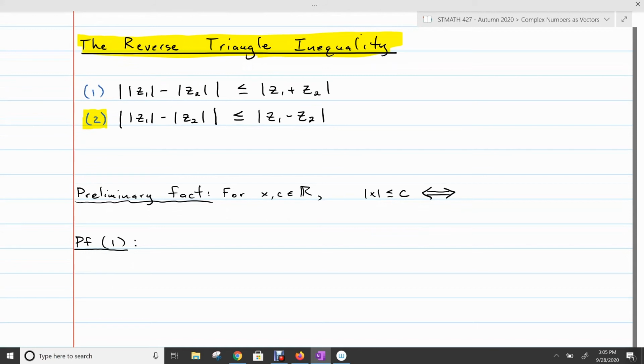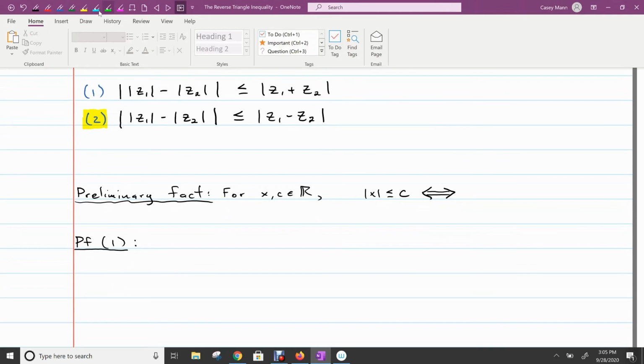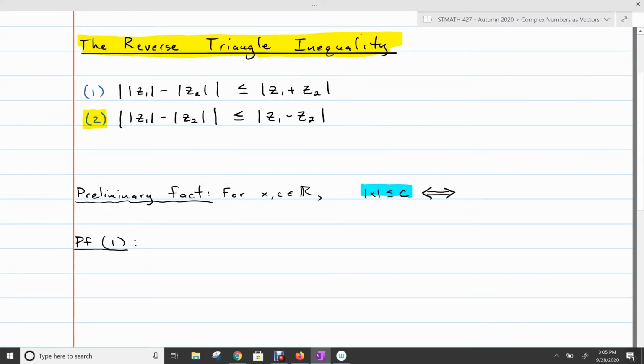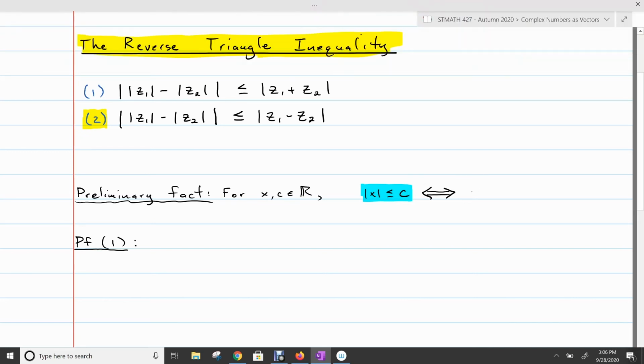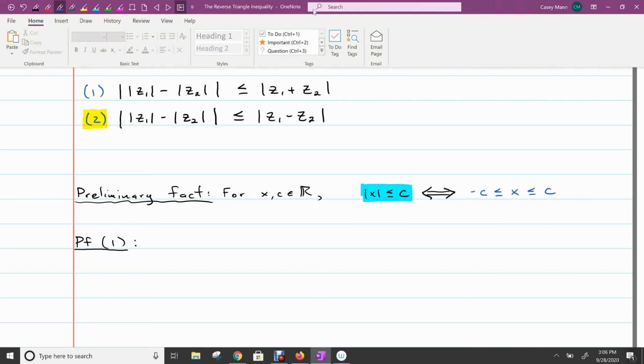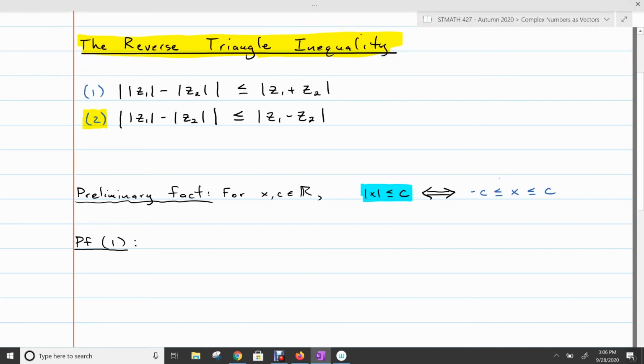But before I go about proving it, I want to remind you of a preliminary fact about real numbers. Anytime that you say that the absolute value of a real number x is less than some constant c, it means the same thing as saying that x itself, without the absolute values, is between negative c and positive c. So if you want to prove the absolute value of something is less than a number, it suffices to prove two inequalities, this compound inequality over here on the right.